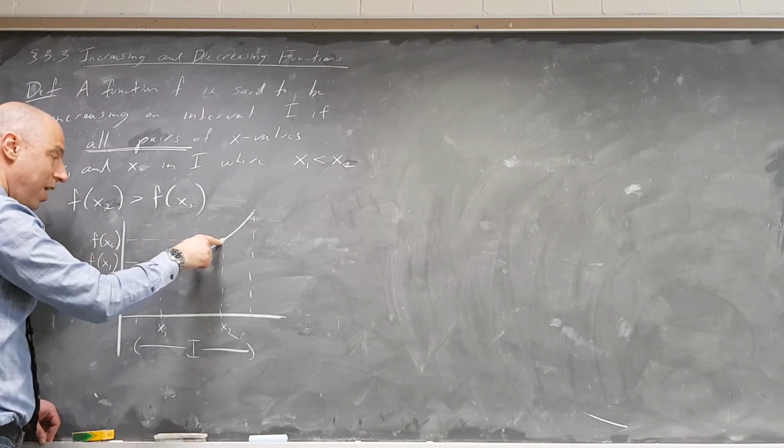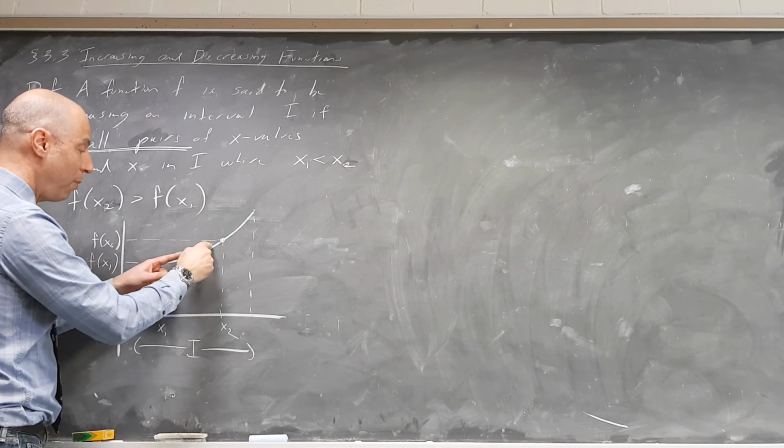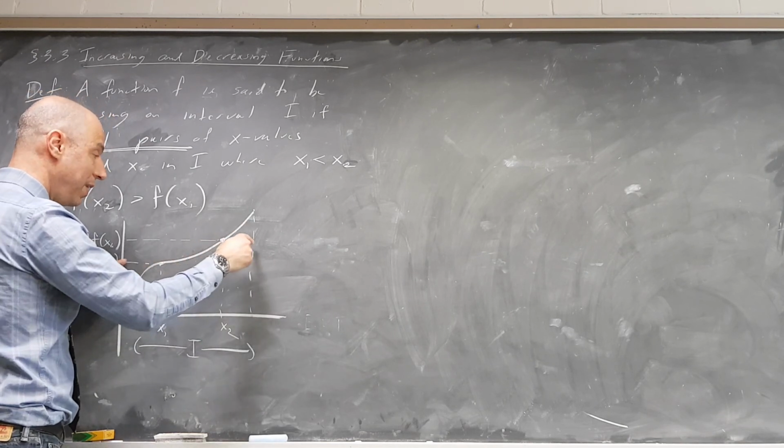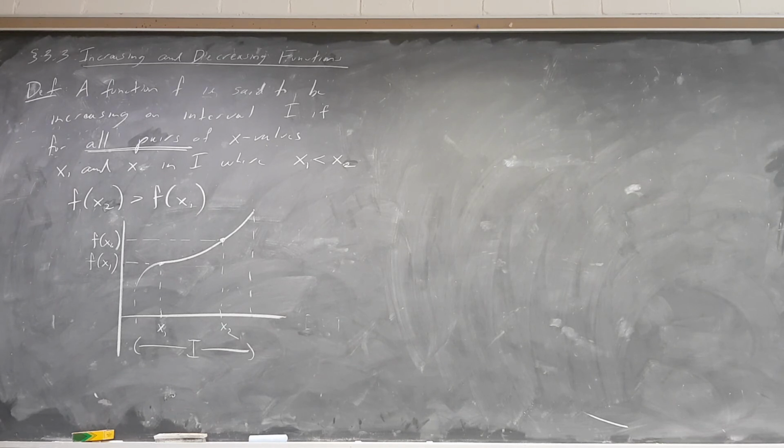You can see that the y value here is higher than the y value here. And that's true if I pick any pair of points. It doesn't just have to be at the ends. That's what it means for a function to be increasing on the interval.